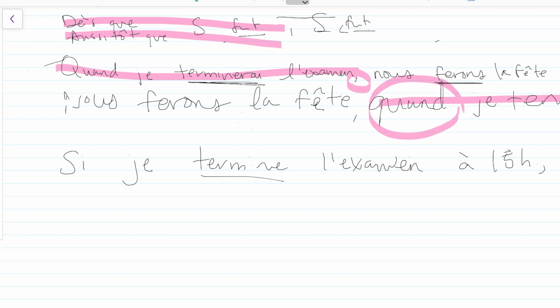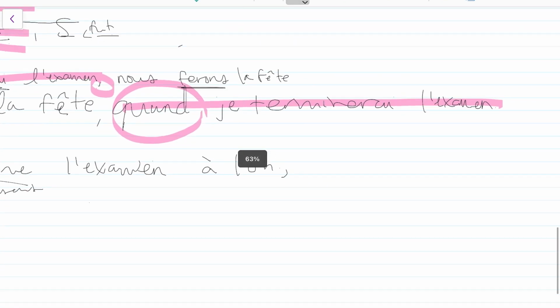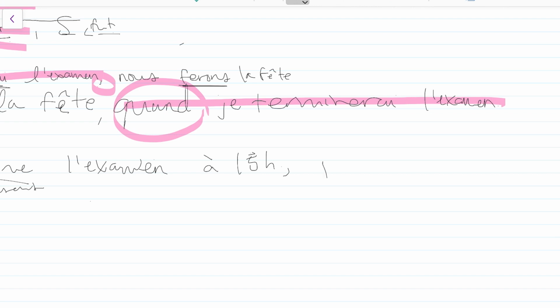So if I finish it, this one is the present tense. If I finish at 3 o'clock, j'étudierai, I will study pour la géologie. I'll study for geology.